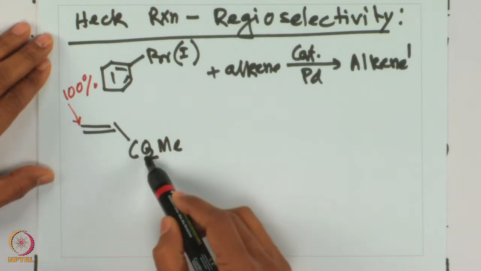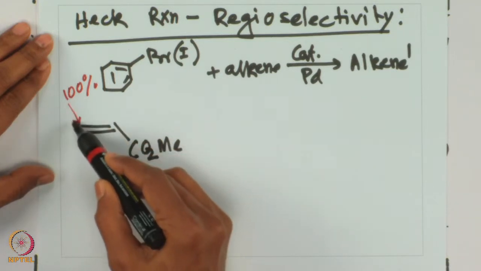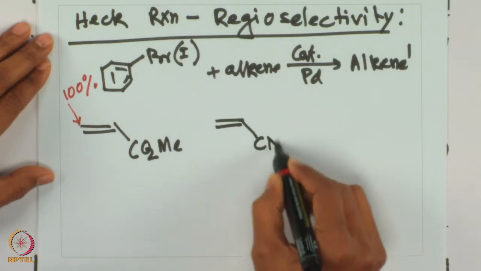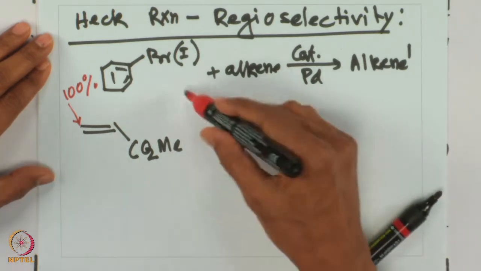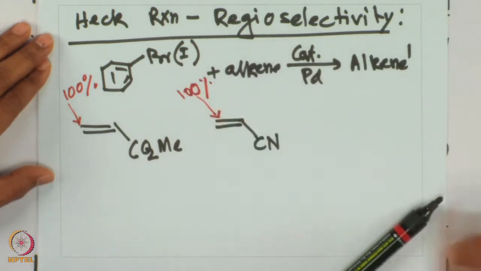That means that with an electron withdrawing group, at the terminal position we have 100% selectivity. Similar thing is true for acrylonitrile, once again we get 100% regioselectivity.